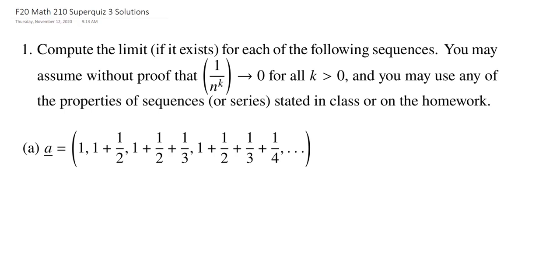We're starting with the number 1, and then it becomes 1 plus 1/2, and then 1 plus 1/2 plus 1/3. It looks like what we're doing is taking the previous term in the sequence and adding the next reciprocal.